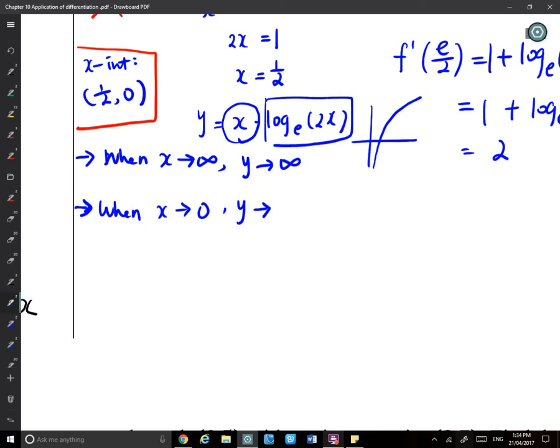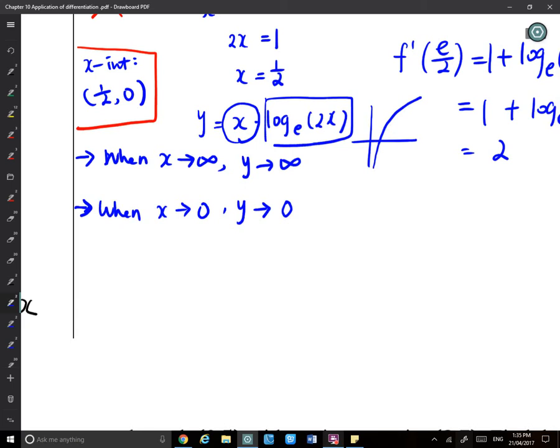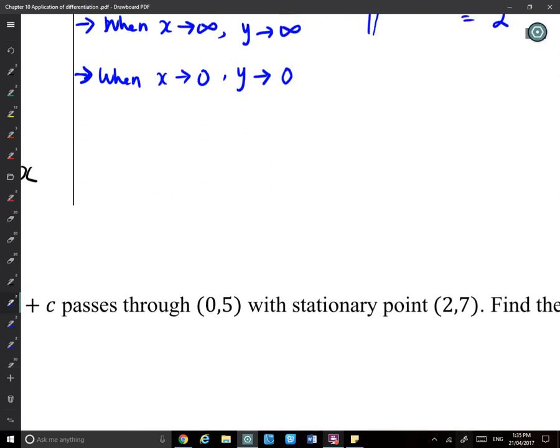Even though this part has a really big negative number, don't forget this part gets really, really tiny. A really big number times a really tiny number is still approaching 0. And also when x actually equals 0, this thing just becomes 0. So when x is approaching 0, your y value needs to approach 0 as well. Get closer and closer to 0. Okay, let's think about what the shape of this graph is.